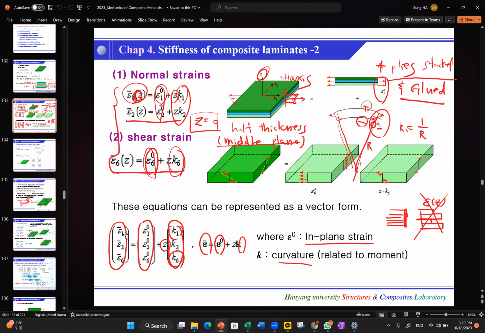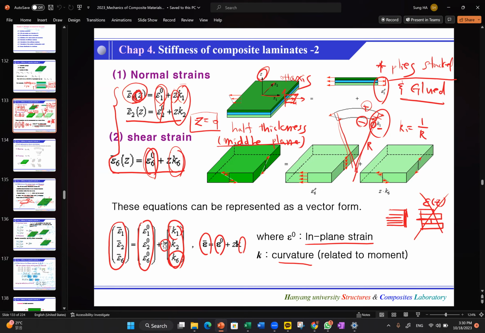So this is the in-plane strain at any position, and this is the in-plane strain, and this is a curvature, and there is a z. We briefly discussed this last time. So epsilon 0 represents the three in-plane strains, and K is the curvature.